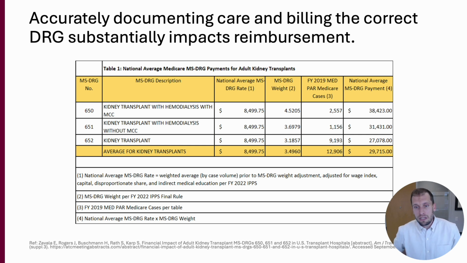So like at Regions, there's a separate DaVita dialysis unit in the hospital, right? But DaVita's charging the hospital for every patient they care for. So if you have to do dialysis, it's going to be a lot more expensive, right? And you can see that the MS-DRG weight is higher than if you don't have to do hemodialysis for that patient, okay?